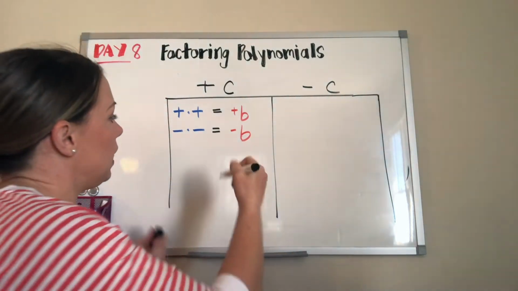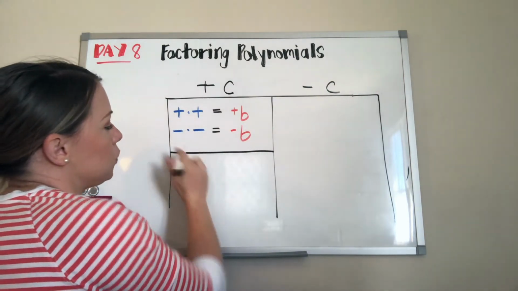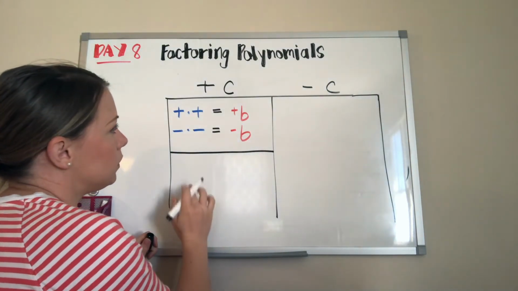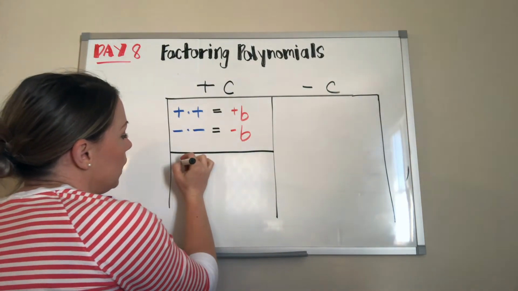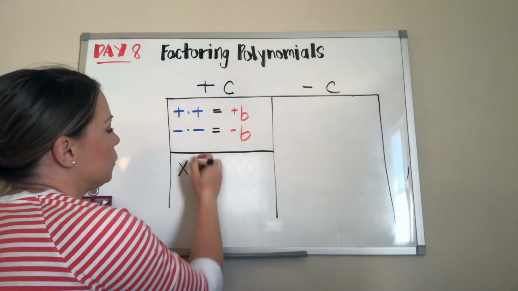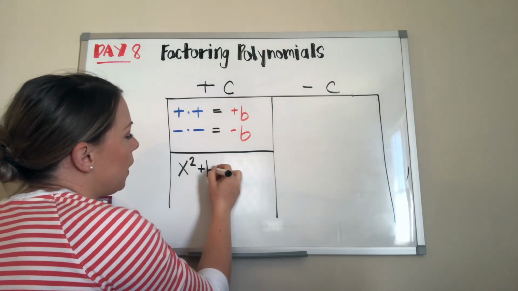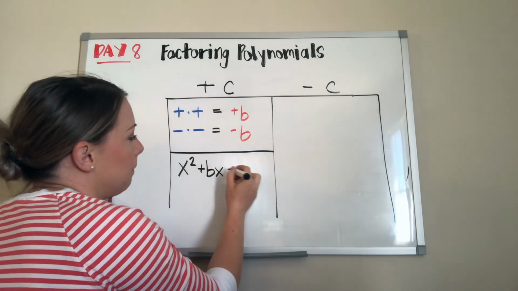So these setups would look one of two ways. If I had a positive C and then both of my factors were positive, I would have x squared plus a positive bx plus c.